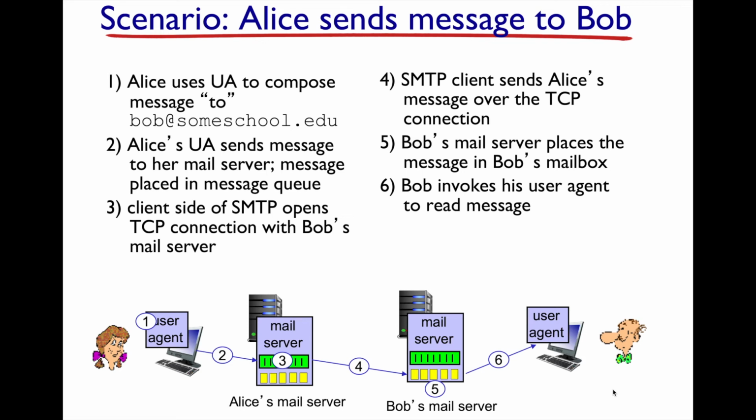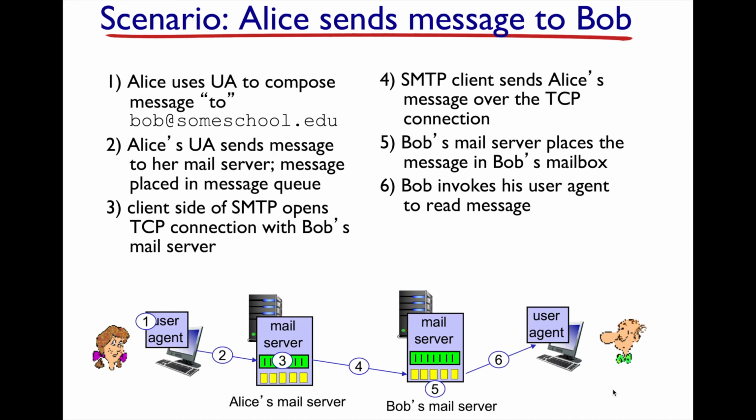Bob fires up his user agent, and through it contacts the mail server, and when Bob proves that he is Bob with the username and the correct password, the mail server says, okay, you've proven to me that you are Bob, let me open up that unit of storage for Bob's email, Bob's inbox, his mailbox, and let me now give you all of the messages that have been placed there. Any questions about this?